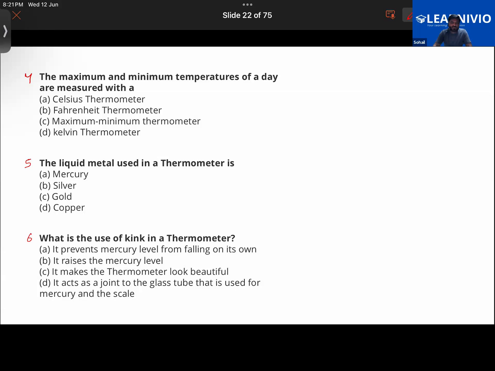Yes, guys, you have to answer these ones also. The maximum and minimum temperature of a day are measured with a.